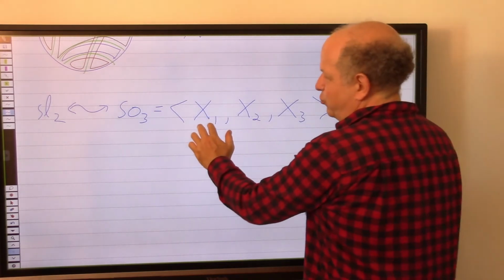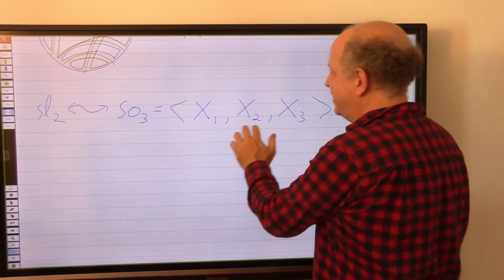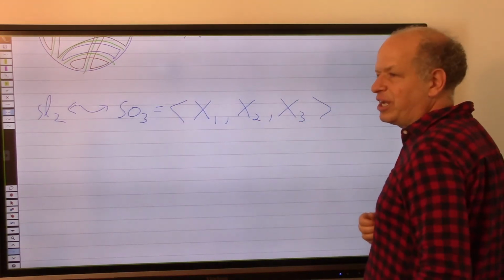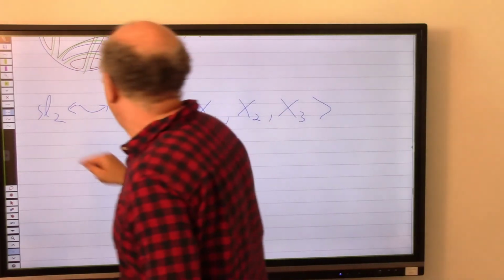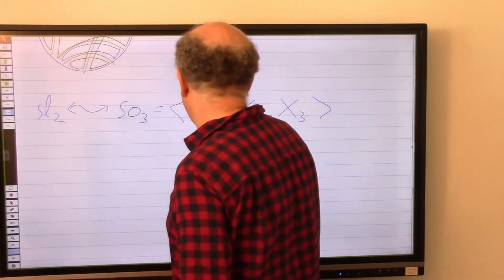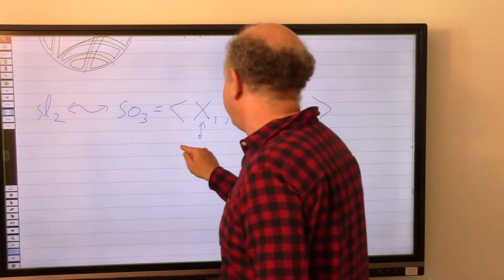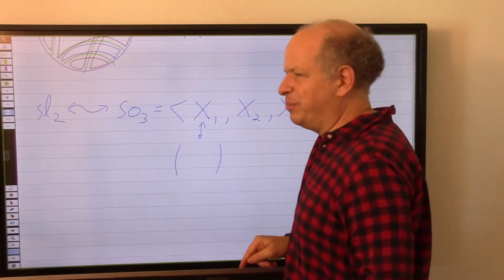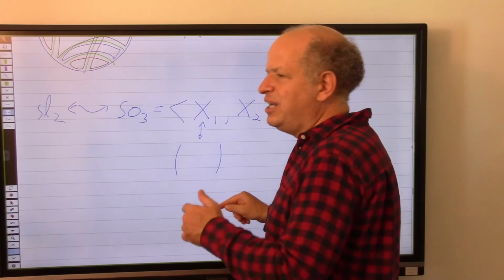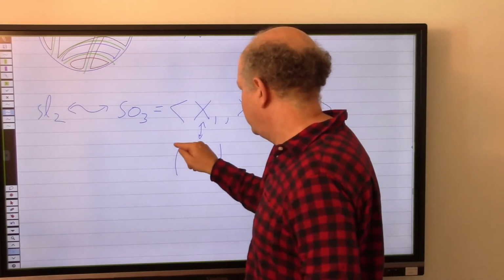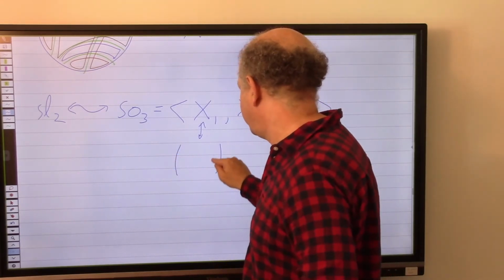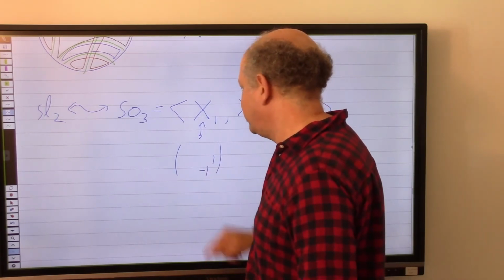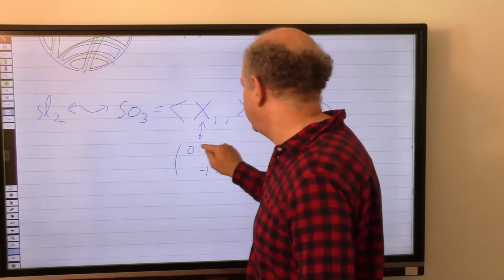Or, you know what, x1 is rotation around the 1 axis, x2 is rotation around the 2 axis, x3 is rotation around the 3 axis. So you can actually write them as matrices very, very easily. X1 is the matrix that has 1 in position 2, 3. So position 2, 3 is here. And minus 1 opposite to it. And the rest are zeros.